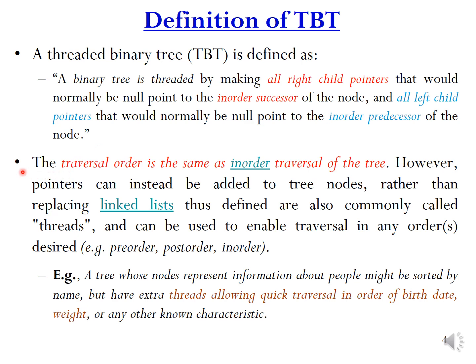The traversal order is the same as the in-order traversal of the tree. Traversing is the same as we normally see in the binary tree, as we have already seen in binary search trees.